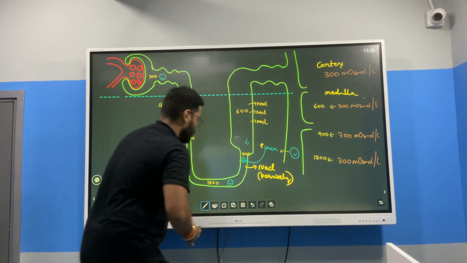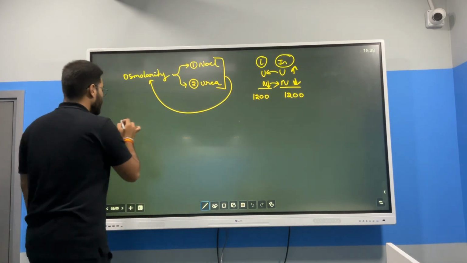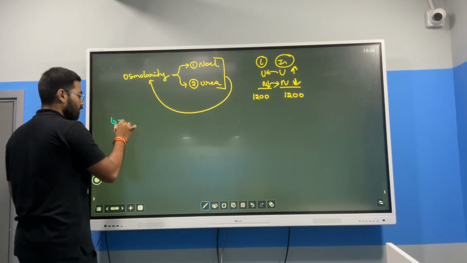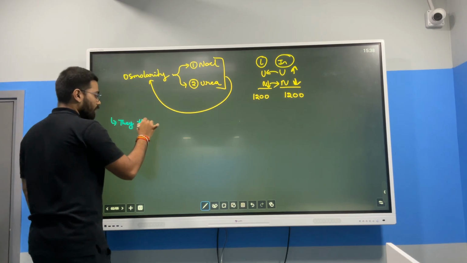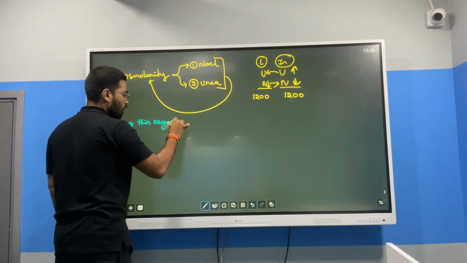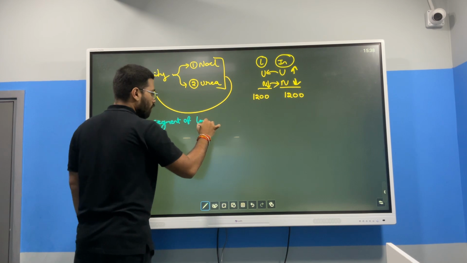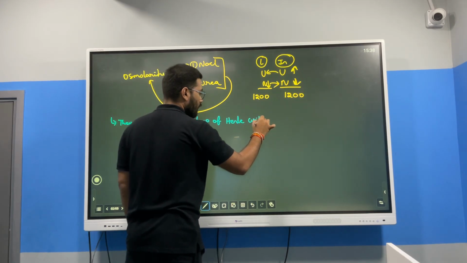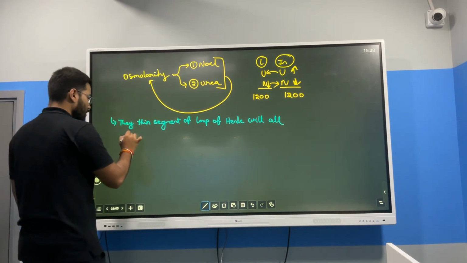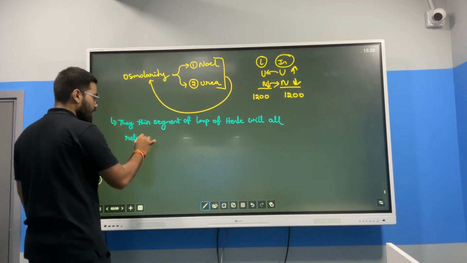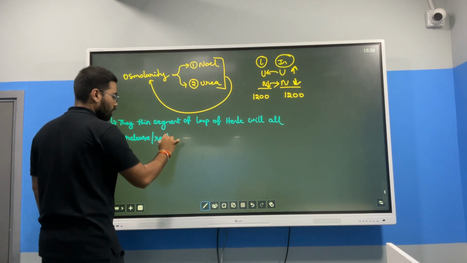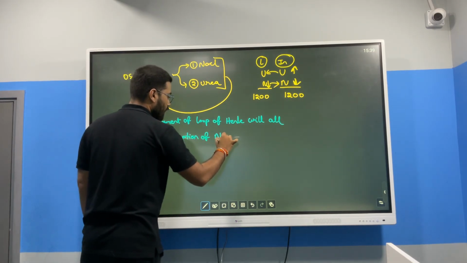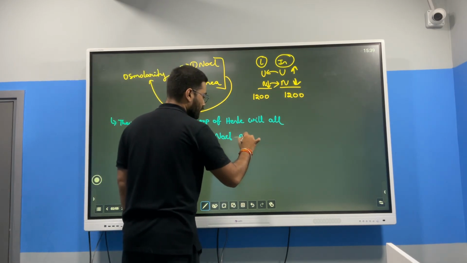It will come out passively. So when I am explaining it here, the thick segment or thin segment of loop of Henle will allow release or reabsorption of NaCl passively.